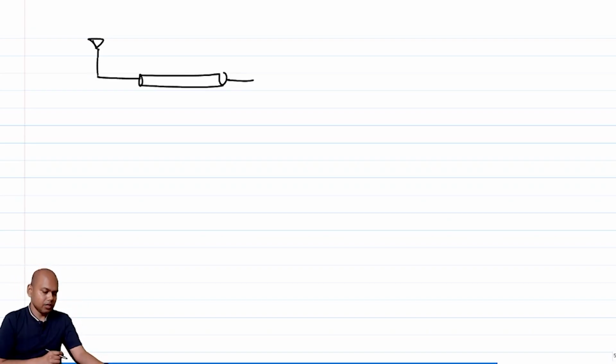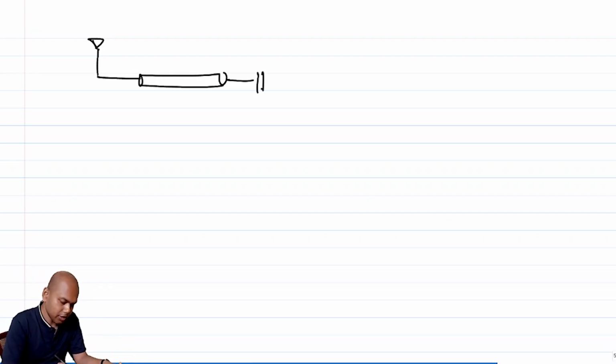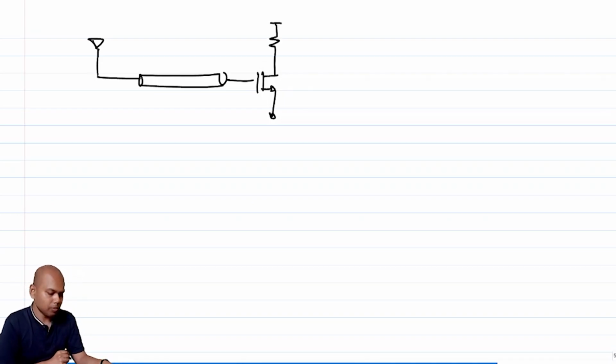We need an LNA. So if I limit myself to a single transistor topology, what are the ways I can design an amplifier? Clearly a common source amplifier is the most common and popular amplifier, but it is of no use in this context, because of what?